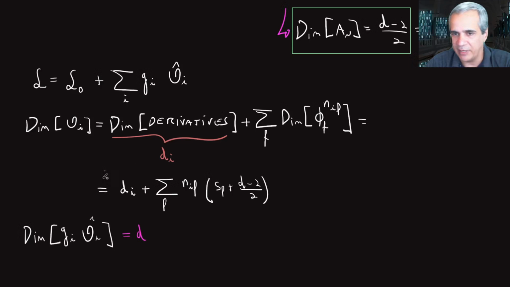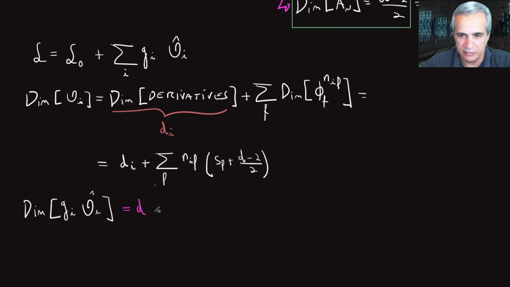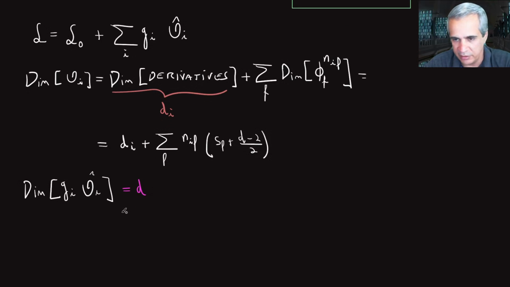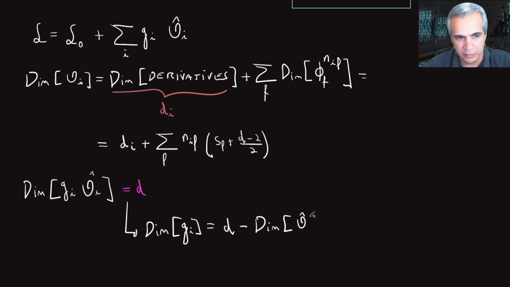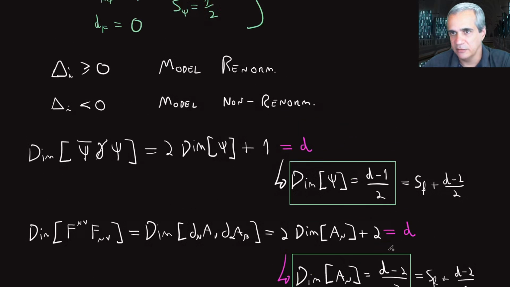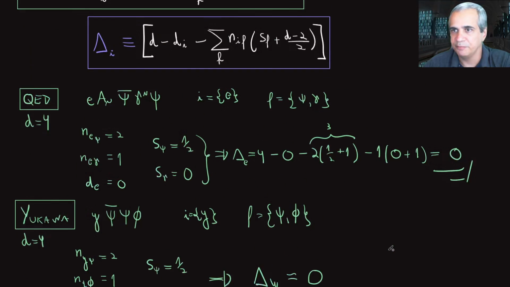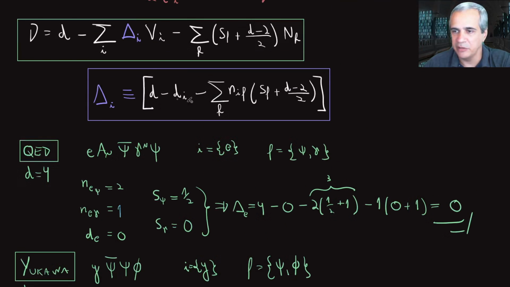And that means that now I can use the dimension of the operator in this expression, and write that the dimension of the coupling in front of the operator is the dimension of space-time minus the dimension of the operator I. And that, if you go back to the definition of delta, is exactly delta I. Delta I was really, let me find it, the dimension of space-time minus this.